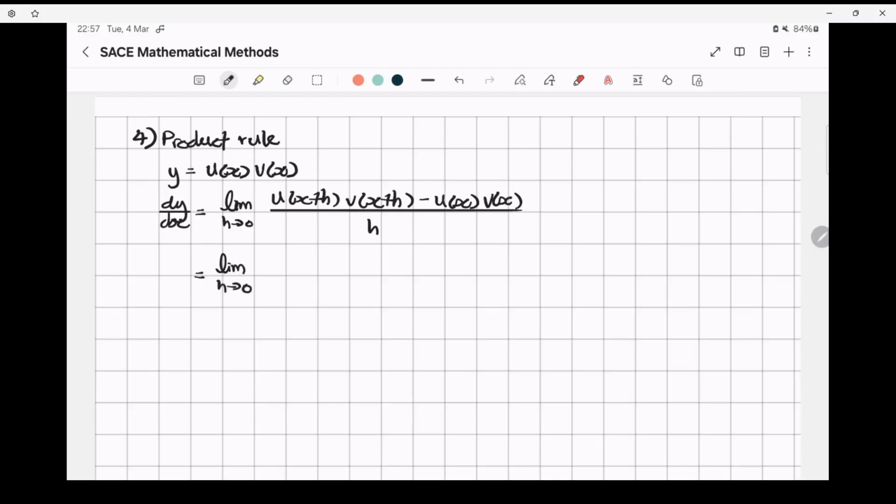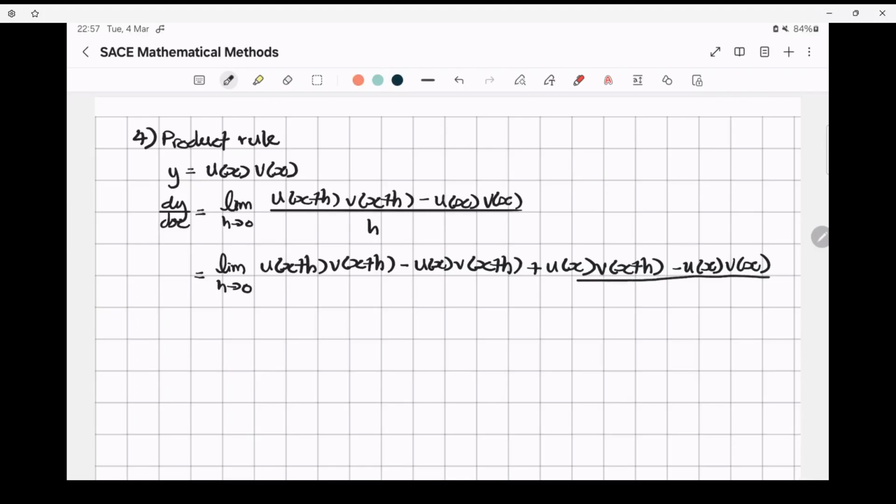It's similar to you plus 2 and then minus 2, it cancels out, which is why there is no problem if we do that. So here I choose minus u(x) multiplied with v(x+h) and then plus u(x) multiplied with v(x+h) minus u(x)v(x).